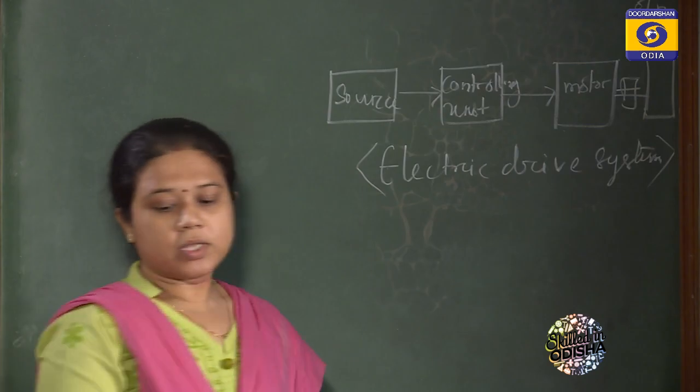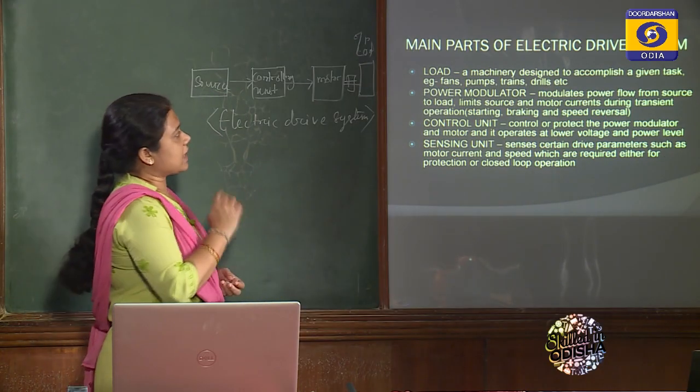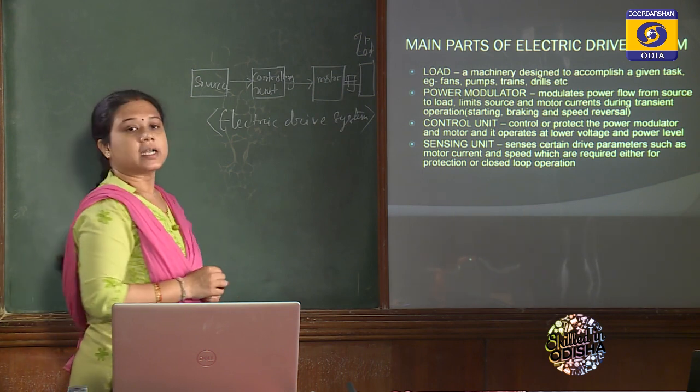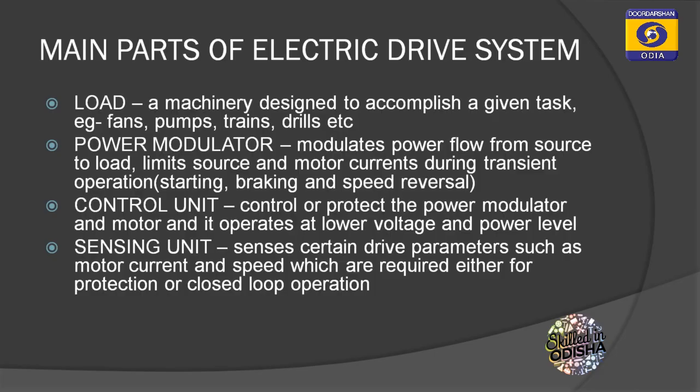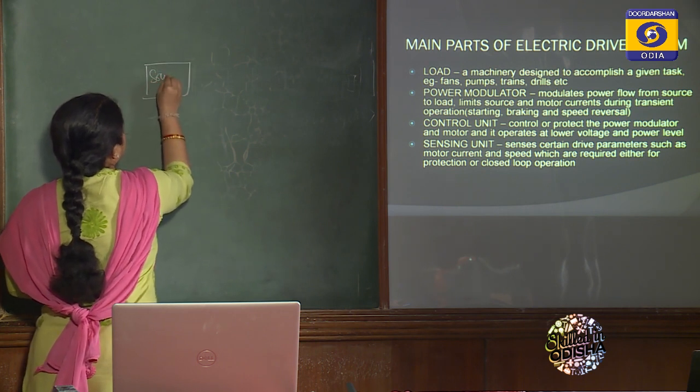Next, coming to the block diagram of electrical drive system. So first, what are the main parts of electrical drive system? If we go for the block diagram, then what will be the block diagram? First, here the source will be present. This one is source.